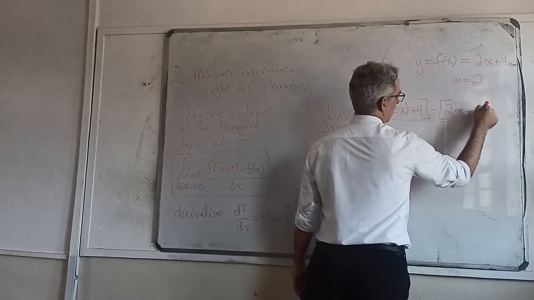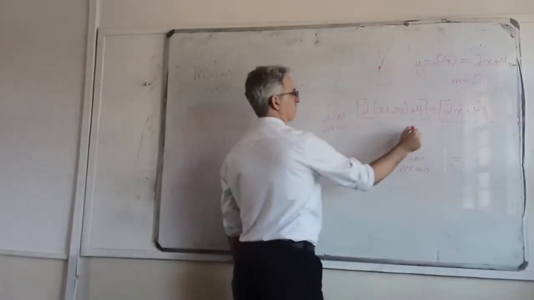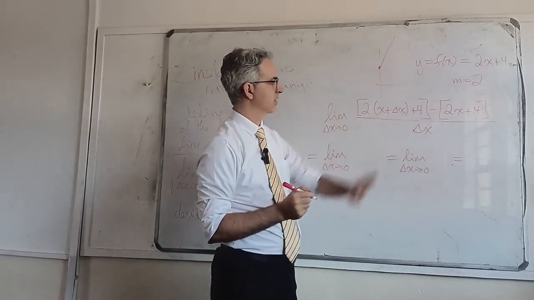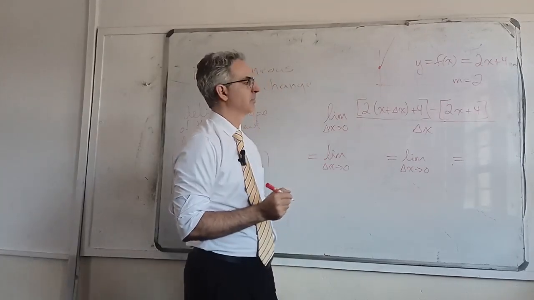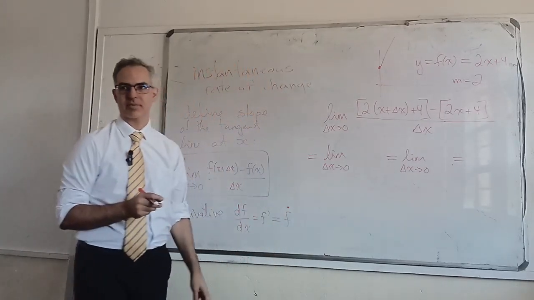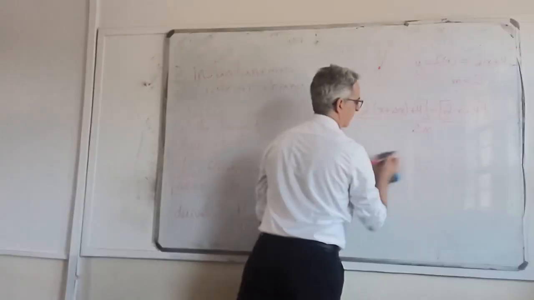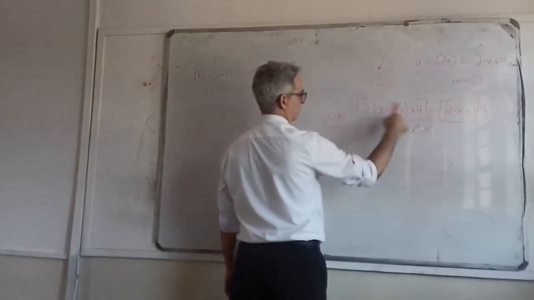And what do we divide by? Let me extend that. We divide by delta x. Can we simplify this? We can. How do we simplify it? Okay, we can multiply this out.